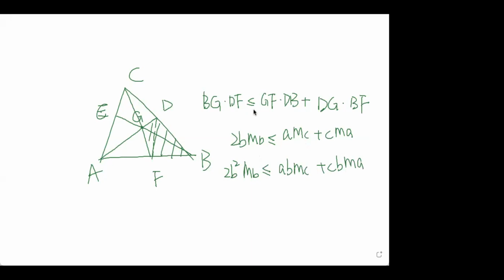And similarly, if you use the Ptolemy inequality in the quadrilateral CGD or the quadrilateral AGF, you could get something very similar to this inequality, and finally you just sum them up, and the problem is proved.